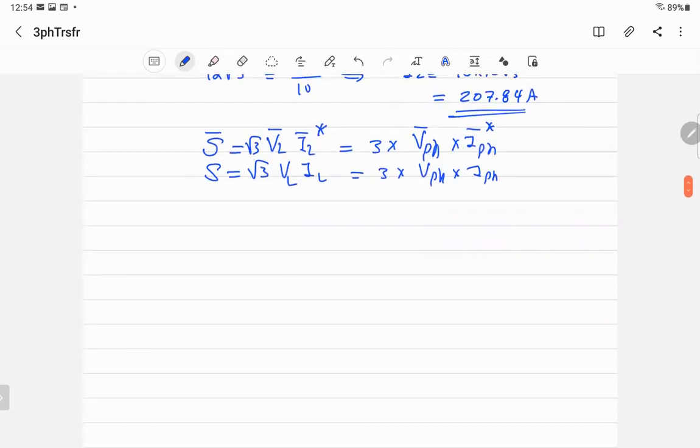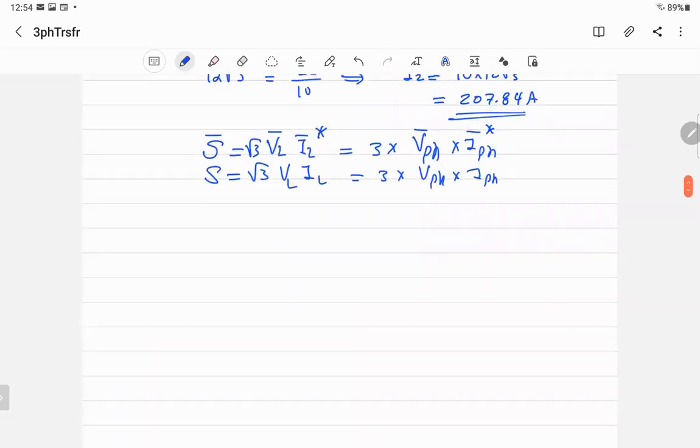They didn't ask about power or reactive power, you just want the rated value. Like the transformer was 10,000 kVA, that's the apparent power. So I'm going to use this one for three phase.